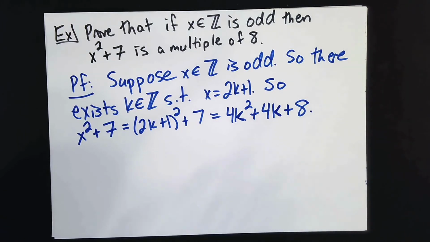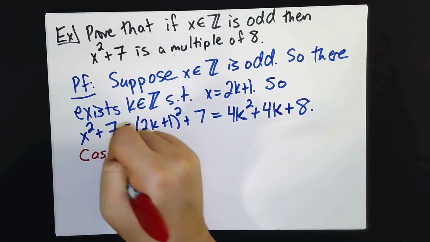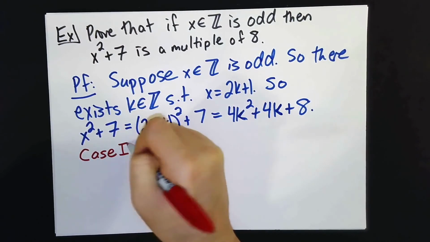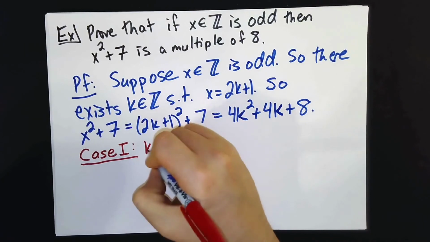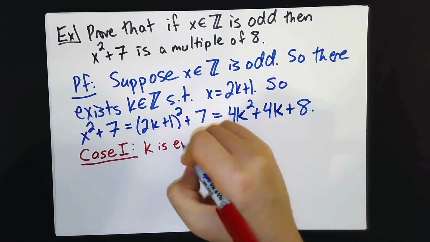No part of this question suggests that you should use cases. And yet, cases are almost necessary in order to write a proof of this. What cases am I going to use? Well, I'm actually going to break into cases based on whether k itself is even or odd. What does it look like if k is even?